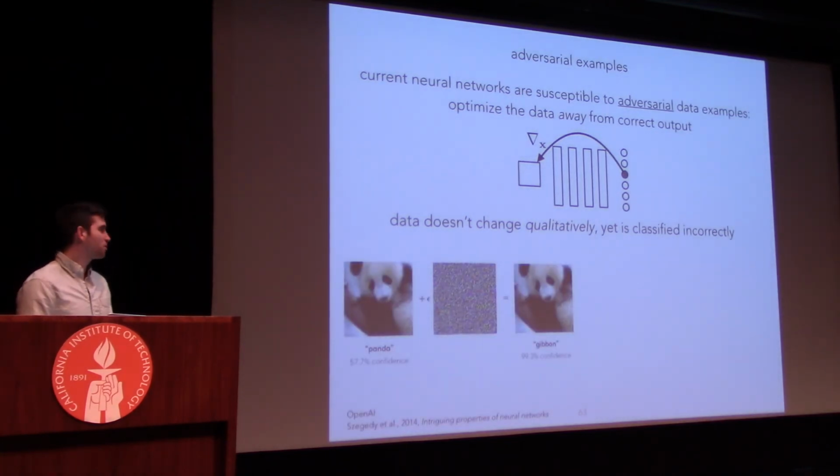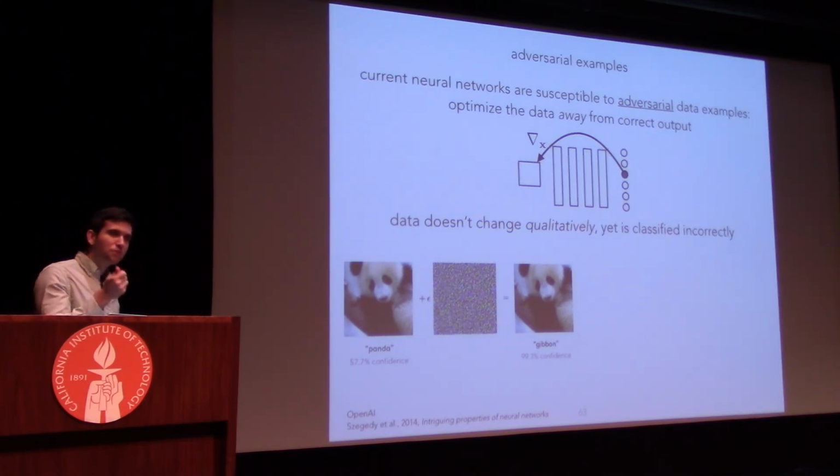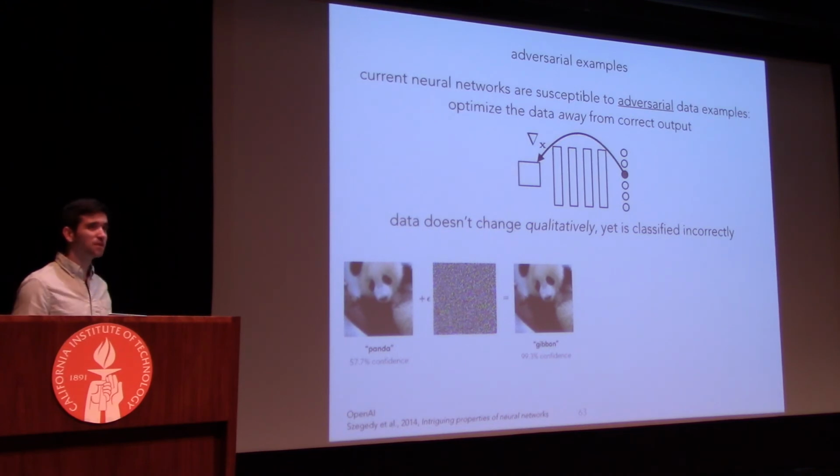So you can take a network that would classify this image as a panda, for instance, and then add some adversarial noise. So you're specifically pushing the image away from what the network is supposed to say. And even though the image still looks qualitatively the same, the network is highly confident that this is something totally different.